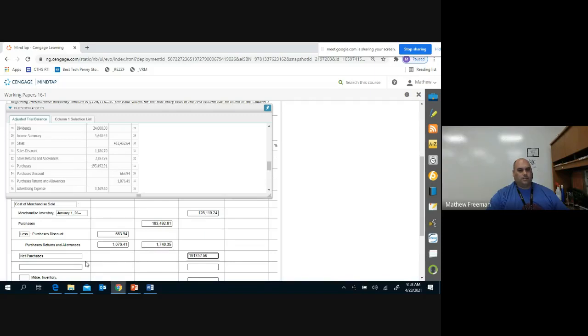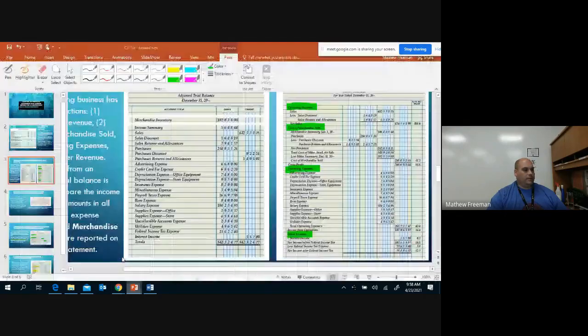Okay. So now we have to add our purchases to our inventory. And that's what you see over here. We'll come over here real quick. You see we start off with 108,000. If you notice, we purchased 252,000. It is now 360,000. So that is our total merchandise available for sale.